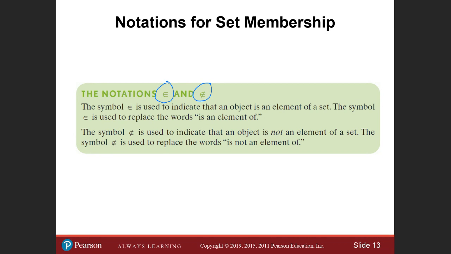For example, I will say 1 here, use the symbol element of, then I have the set 1, 2, 3. Is it true or false? Our answer here is true, since 1 belongs to the set.